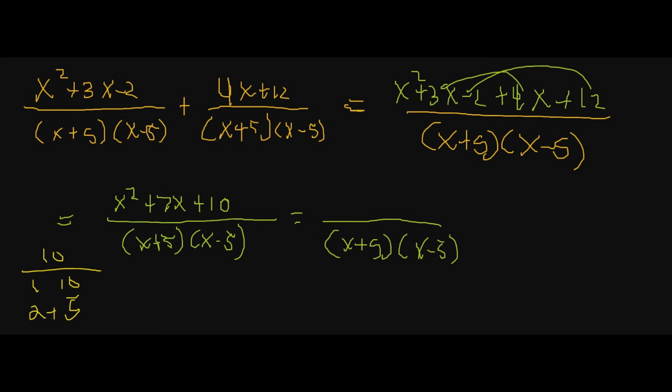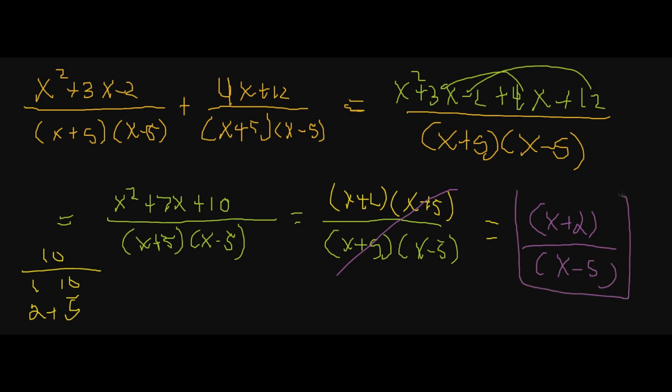Well, 2 plus 5 is what's going to give me the 7 there. So I'll go ahead and write this as x plus 2, x plus 5. And you can see that now this is going to be very nice because these are going to cancel out, and all we're going to be left with is x plus 2 all divided by x minus 5. Okay, and we're good, we're solid.